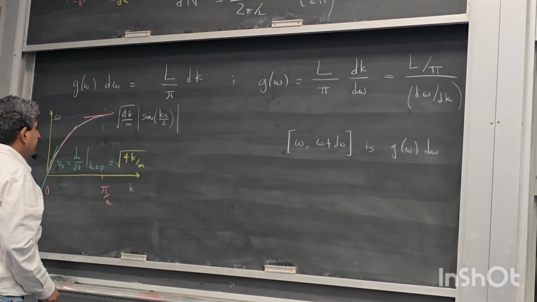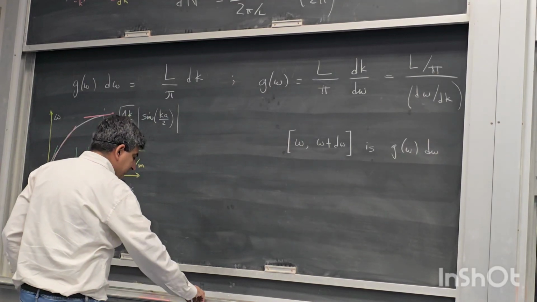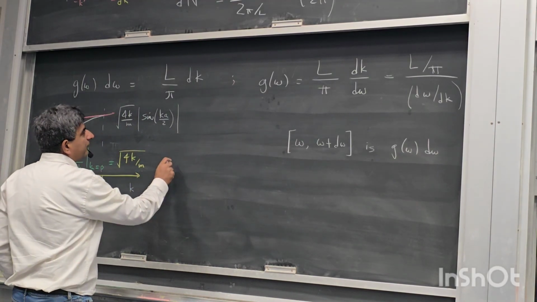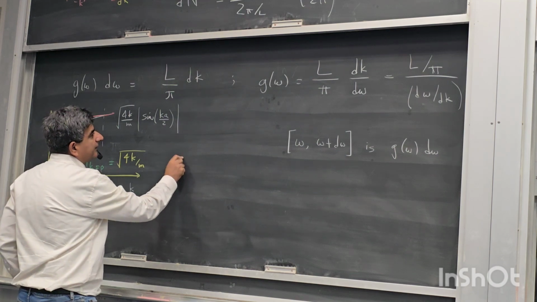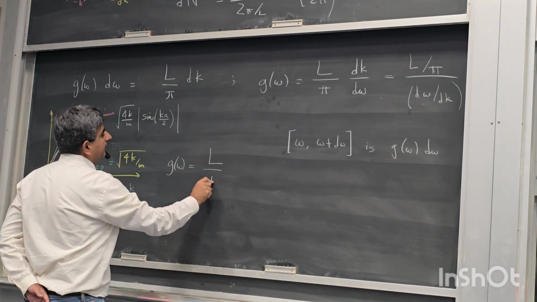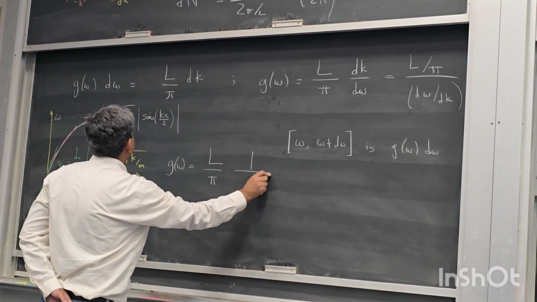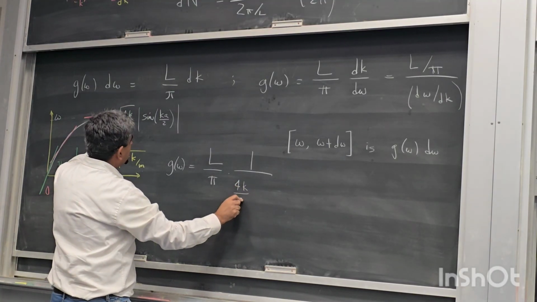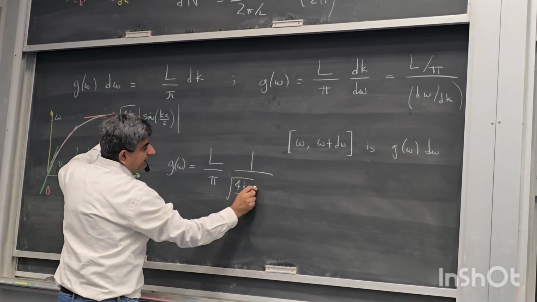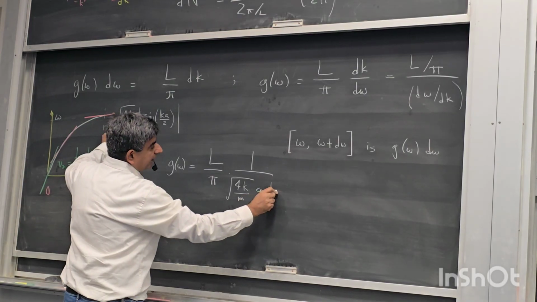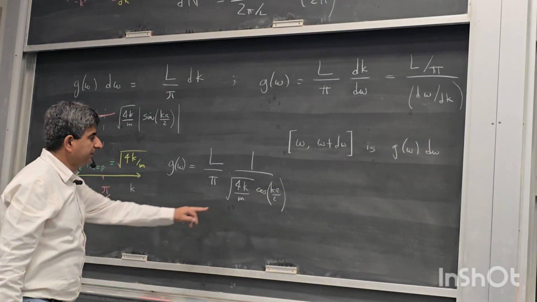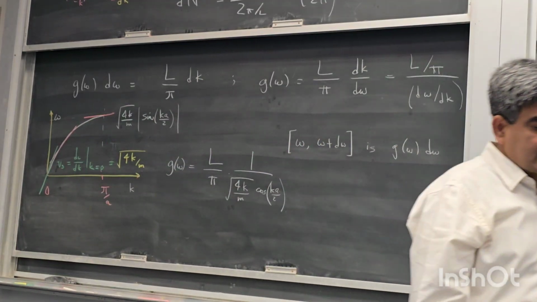So if I would explicitly like to find out d omega over dk, or g omega is L over pi, 1 over the slope, which is 4k over m, cosine of ka over 2. Let me see if this factor I've written is correct.